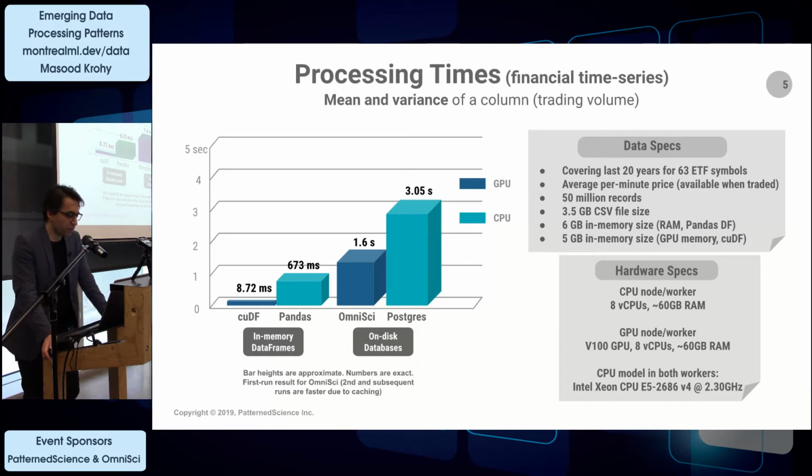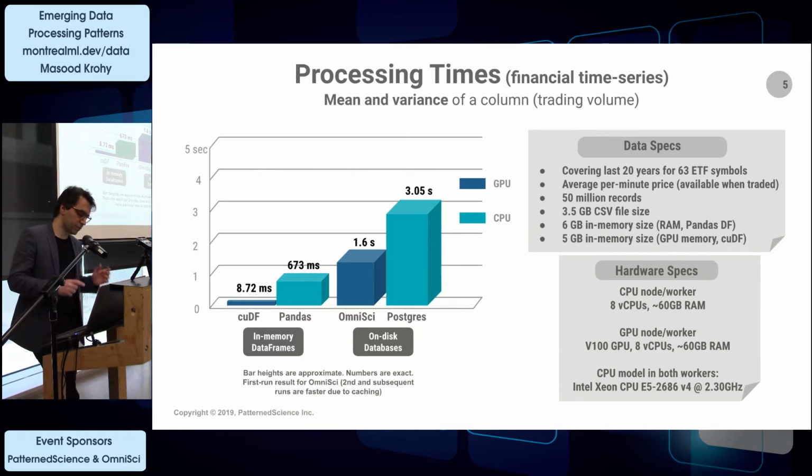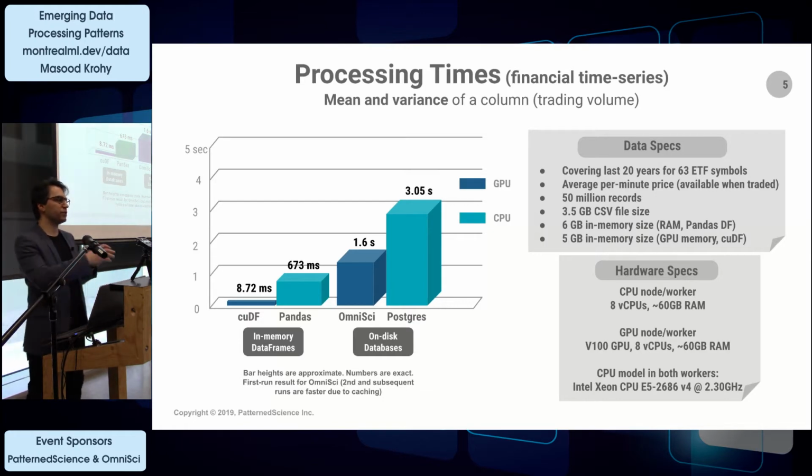On the results on the left, you have probably noticed the GPU numbers are in darker blue, and lighter blue is the CPU numbers. They are divided into two sections: on-disk databases and in-memory data frames. We have divided into two categories because we have selected the data set so that we are in the sweet spot where all of these four are in the running.